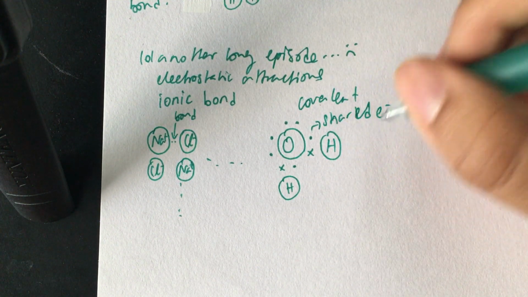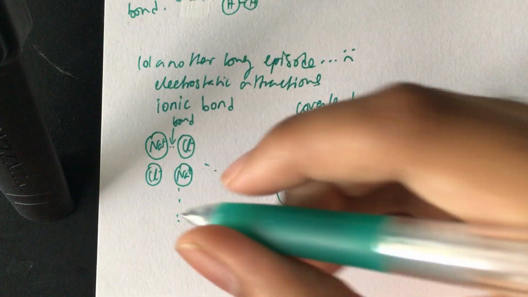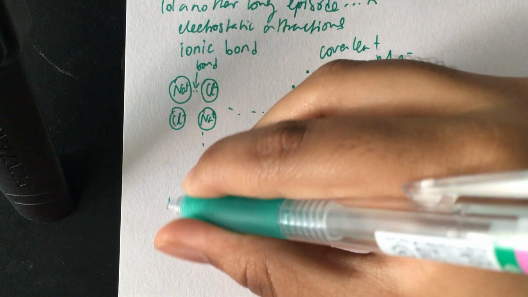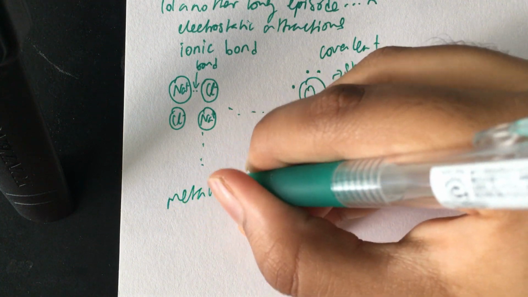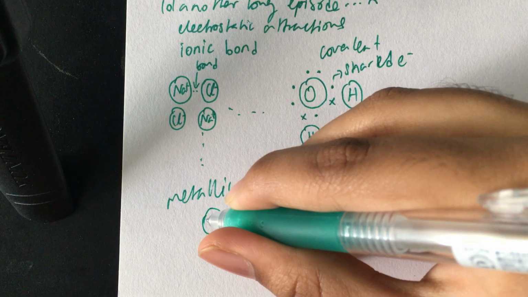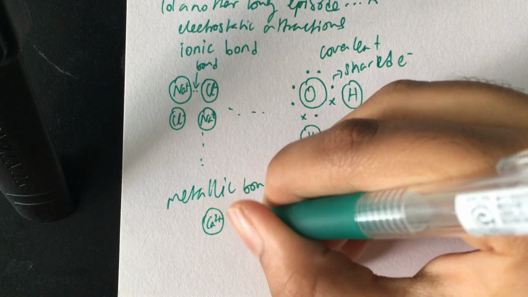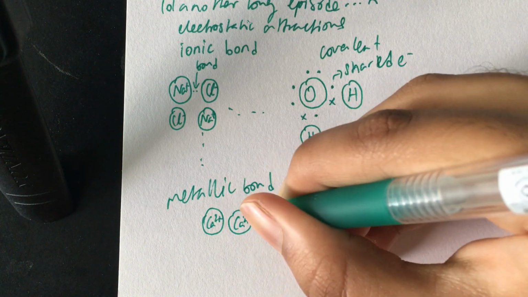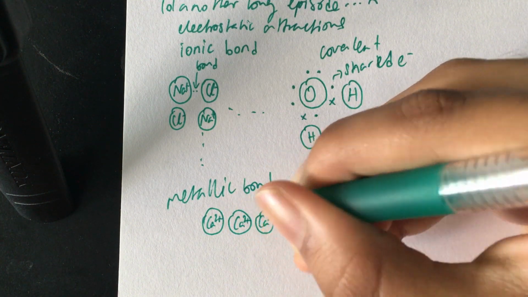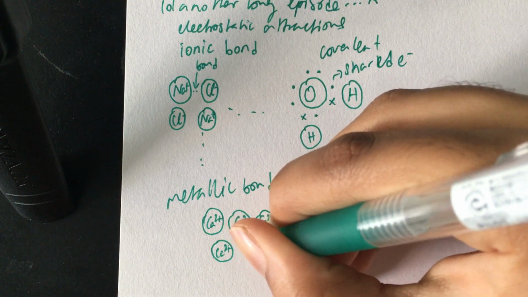The third one is the metallic bond. When you draw it out, you draw the positive cations for the atom part, and then you draw the electrons as dots. The attraction is between the positive cations and the delocalized electrons. That's what a metallic bond is.